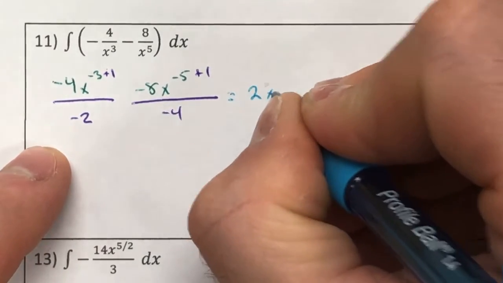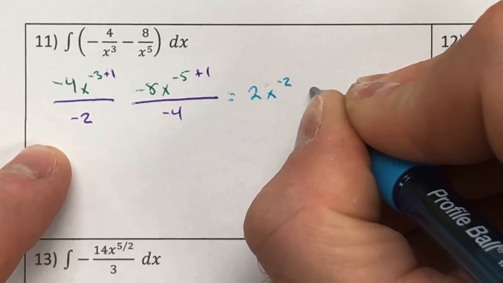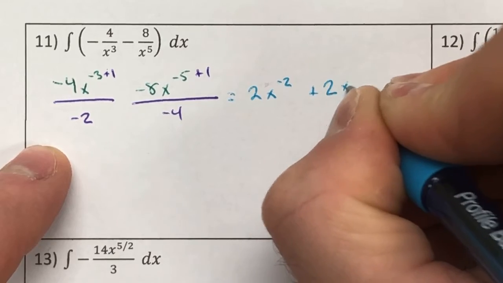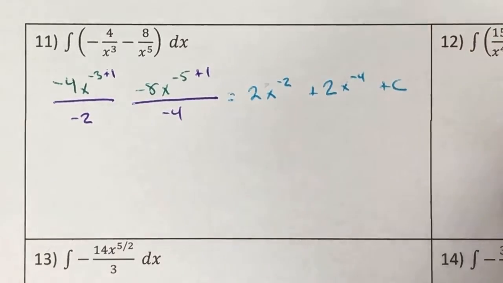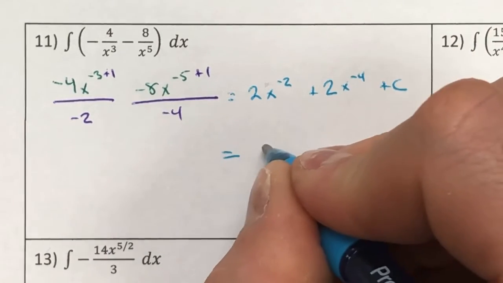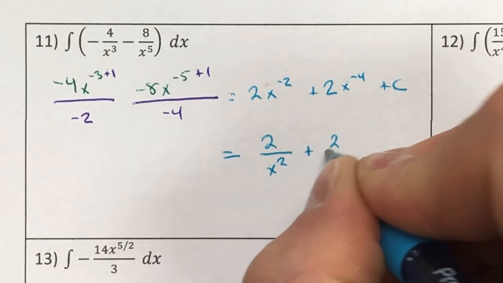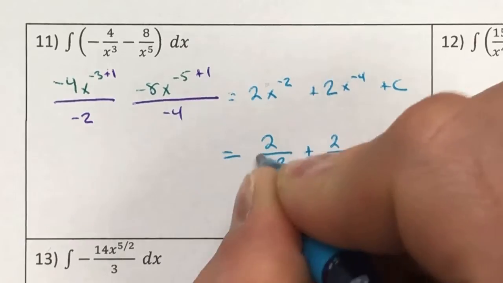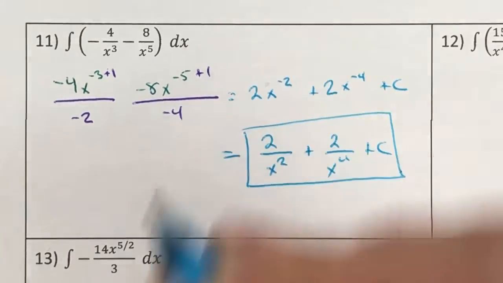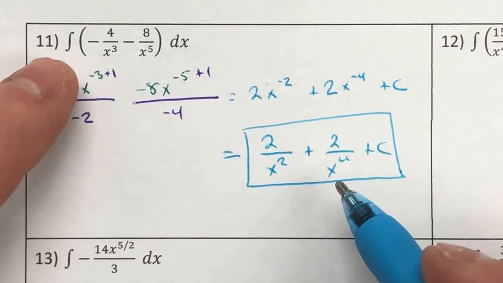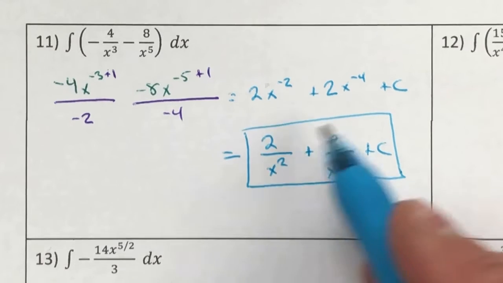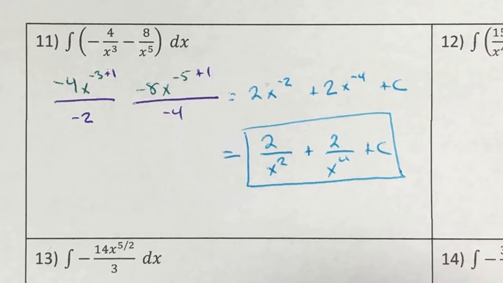That's going to be a 2x to the negative 2 plus 2x to the negative 4 plus c. So my final answer is going to actually be 2 over x squared plus 2 over x to the 4th plus c. There's no alternate answer because that is the only answer. When our original problem is in standard form, we give an answer in standard form.